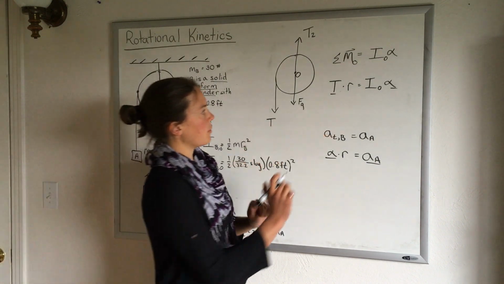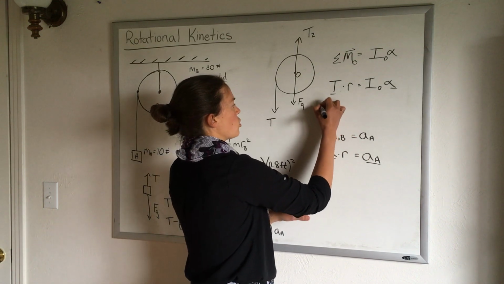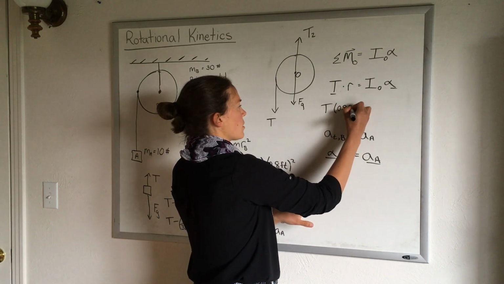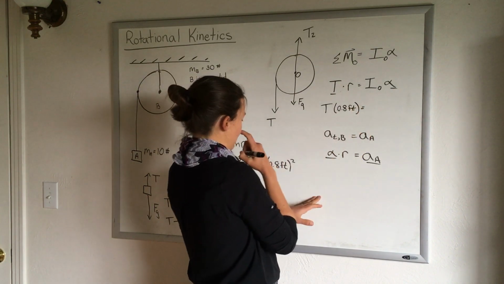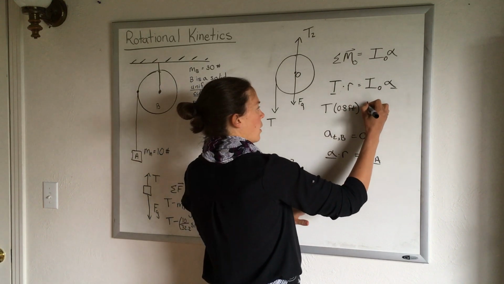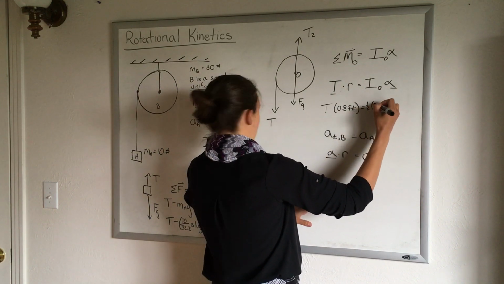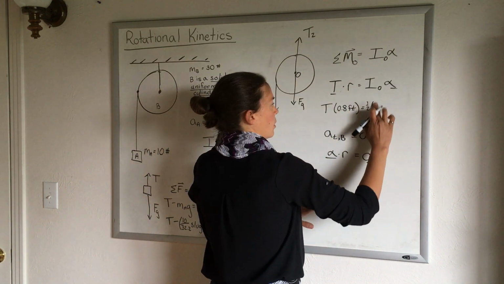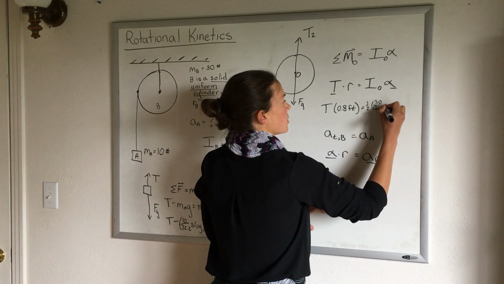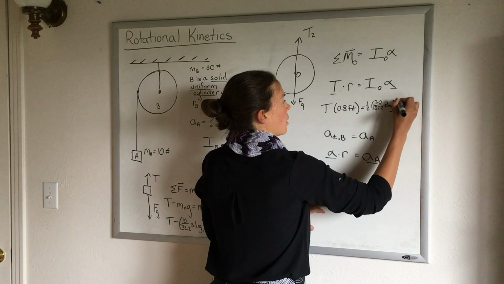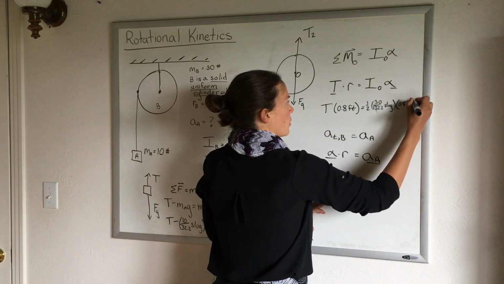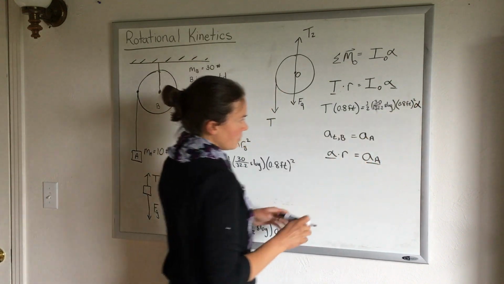All right, coming back up to my B equation, my unknown tension should be in pounds times my radius of 0.8 feet, so that'll give me foot-pounds. My mass moment of inertia is 30 divided by 32.2 slugs times 0.8 feet squared, so this is slug feet squared, times my alpha.